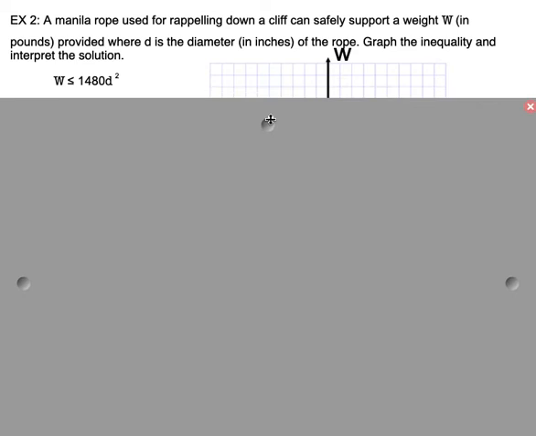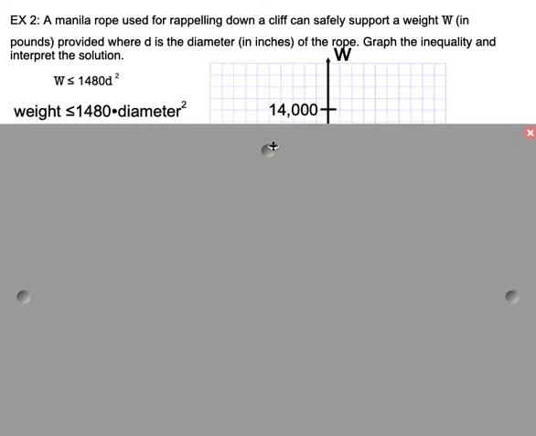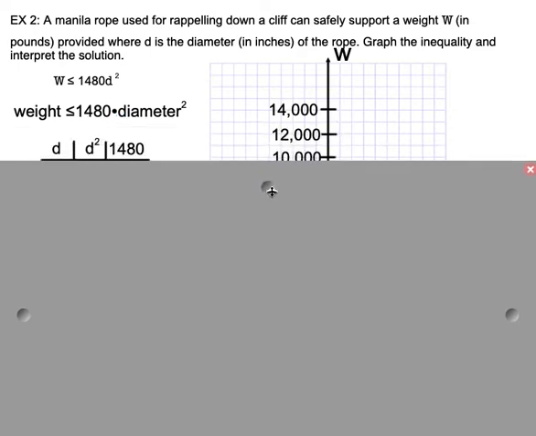Now, what that means is the weight is less than or equal to 1480 times the diameter squared. You could do standard form, or you could realize this is just vertex form. It's like saying 1480 times the quantity d minus 0 squared plus 0.